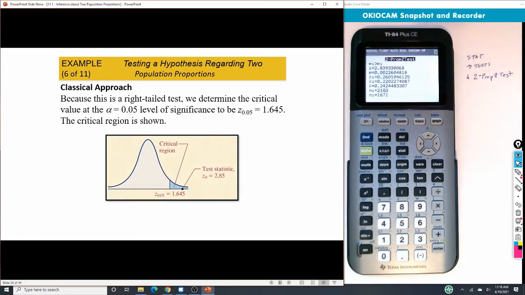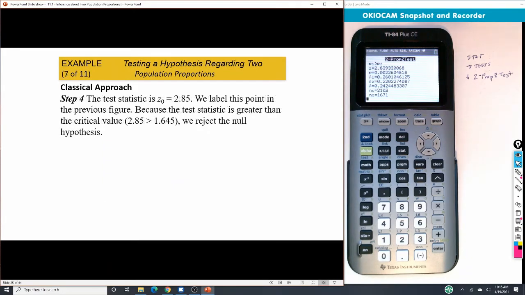All right. Now, we want to compare that to our critical region. And so our alpha was 0.05. Well, if we go back and look at our Z table at 0.05, that's a 95% piece there. And so we'd get 1.645. All right. And so since our 2.84 or 2.85 is greater than 1.645, we would reject the null hypothesis.